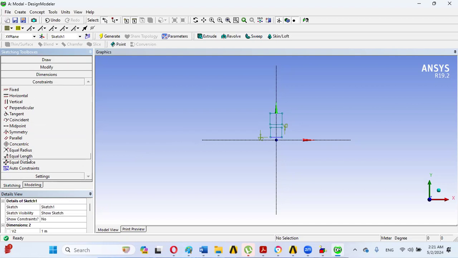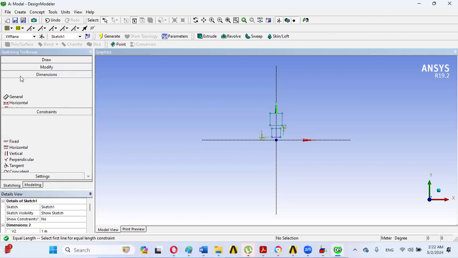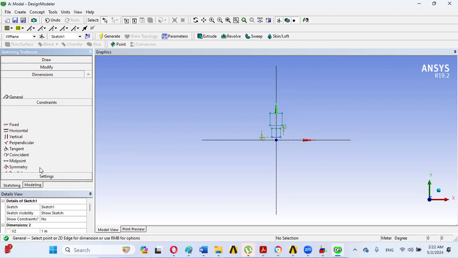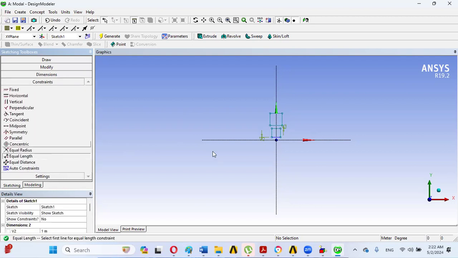We can apply an equal length constraint, making this length equal to this length, and in a similar manner make the others equal. Then we apply a further equal length constraint, making this length equal to this length, so that identical dimensions have been made.